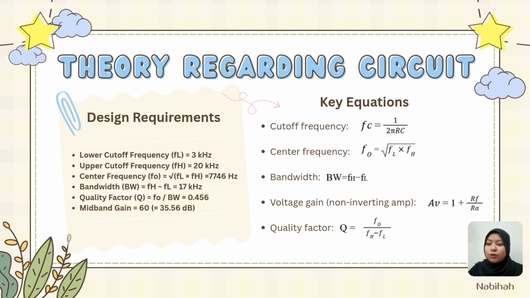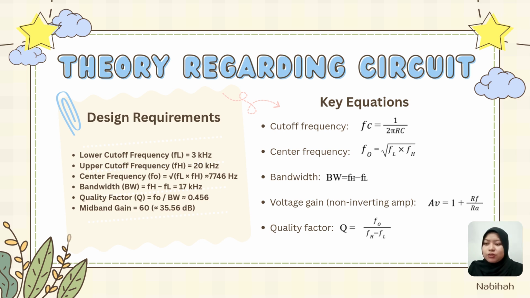We were required to design a filter with a lower cutoff frequency of 3 kHz, an upper cutoff frequency of 20 kHz, and a mid-band gain of 16. This gives us a bandwidth of 17 kHz and a center frequency of around 7.746 kHz. The filter consists of 5 op-amps, 4 for the filtering stages and 1 for amplification to achieve the desired gain.